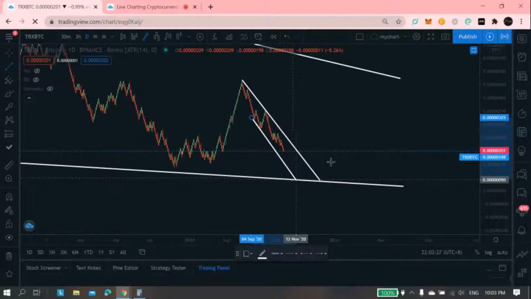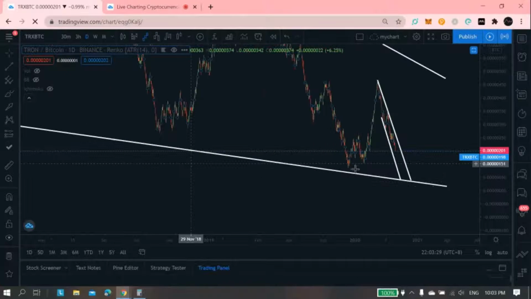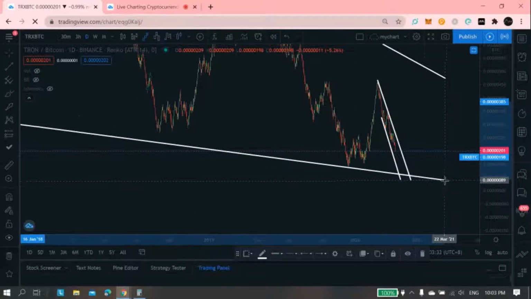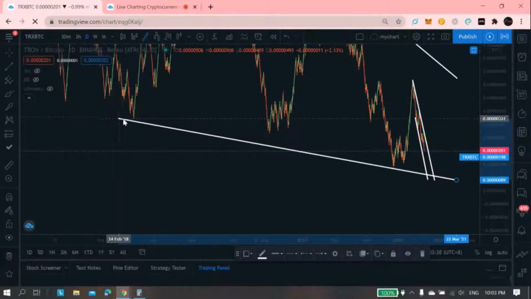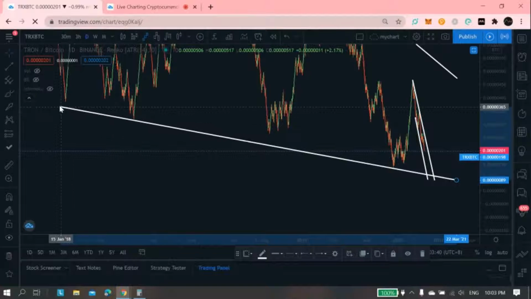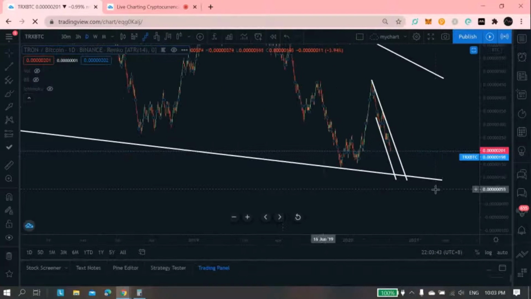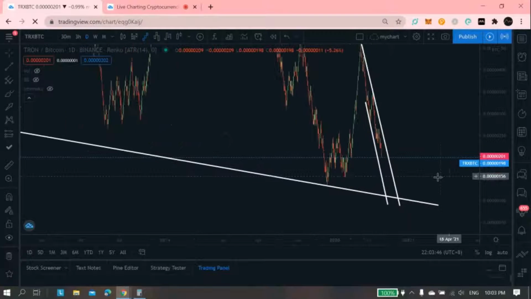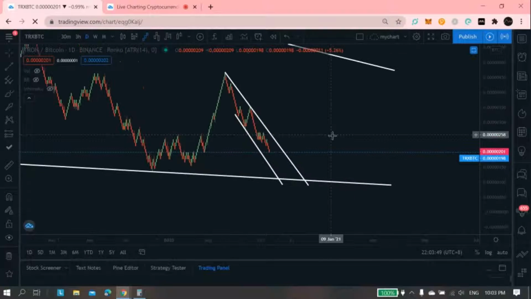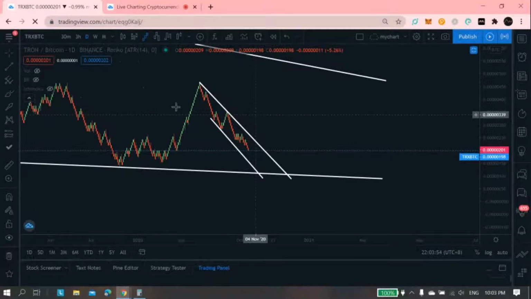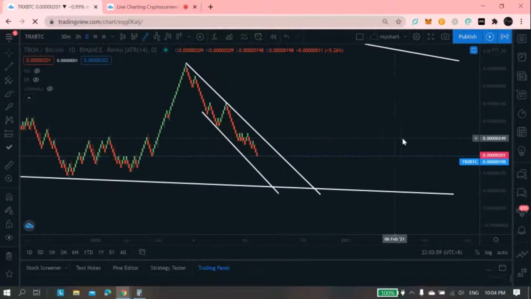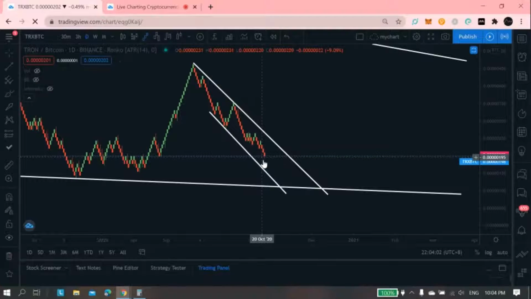So possibly this one. Anyway, I'll just adjust it. This is the low and this is the high. So if this continues and respects this long-term downtrend and short-term downtrend, Tron BTC might possibly retest this area.